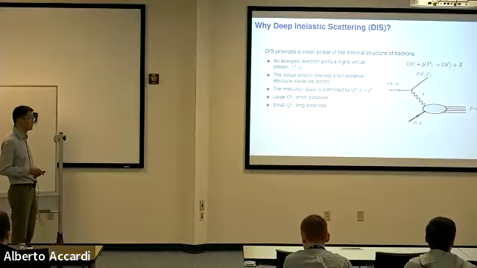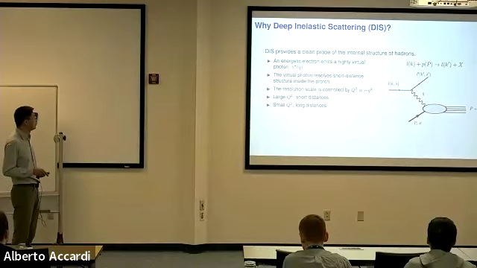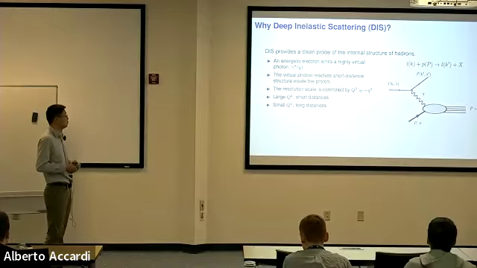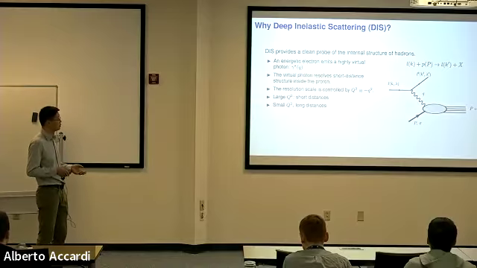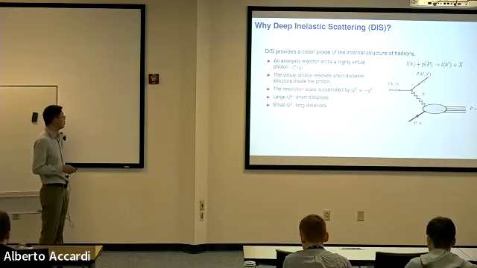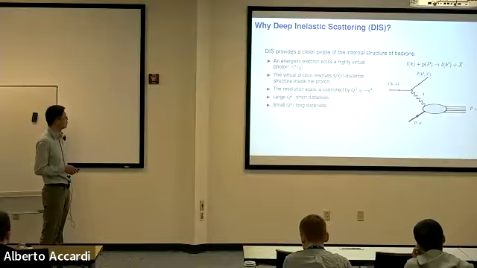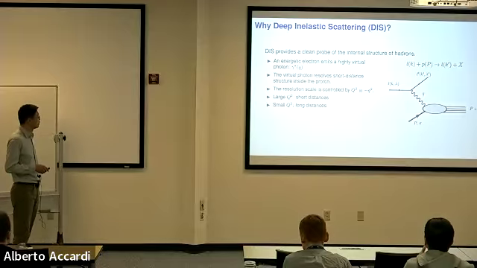In deep inelastic scattering, you have an energetic electron collide with a proton or other hadrons like the deuteron, or maybe light nuclei, and also maybe heavy nuclei. Because of the high virtuality of this virtual photon, which is characterized by Q squared, you can see short distance. If you have a large value of Q squared, you probe short distance; with a smaller value of Q squared, you probe longer distance.